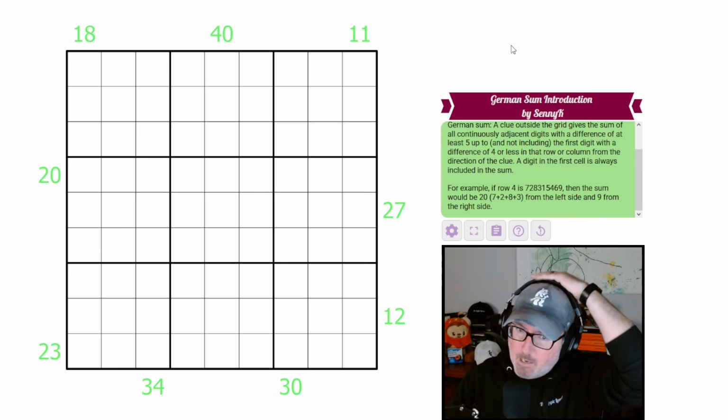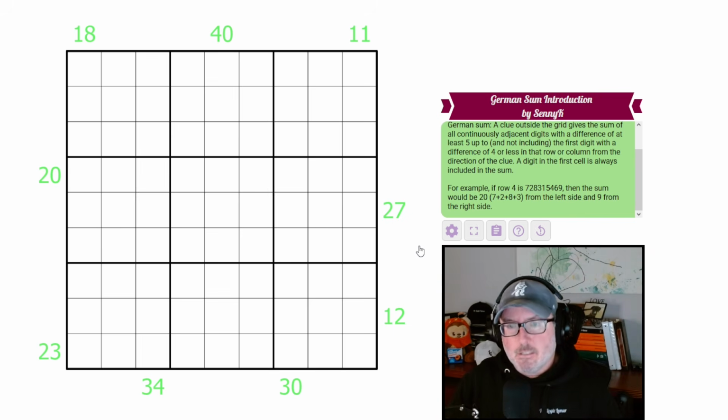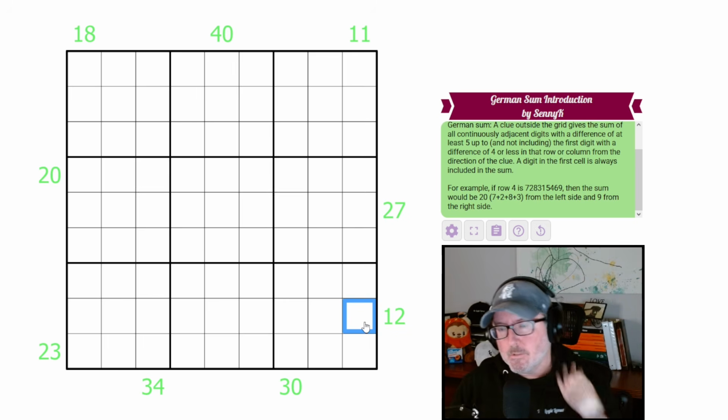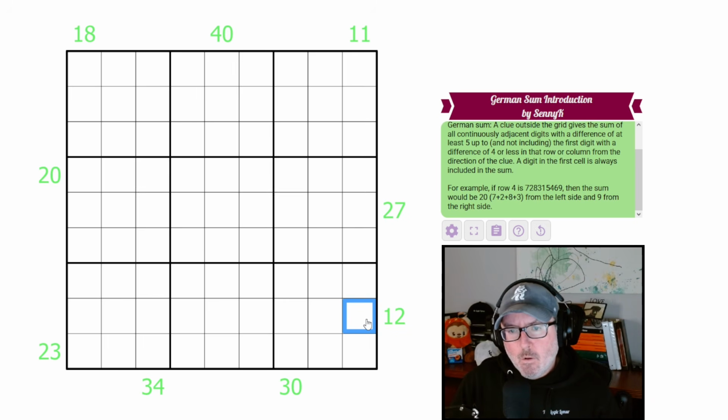So how are we going to start this is the question. And the question is, is it easier to think about low clues or high clues? Let's think about the low clue to start with. What is the max distance we could ever go from, let's say, the 12 or the 11?